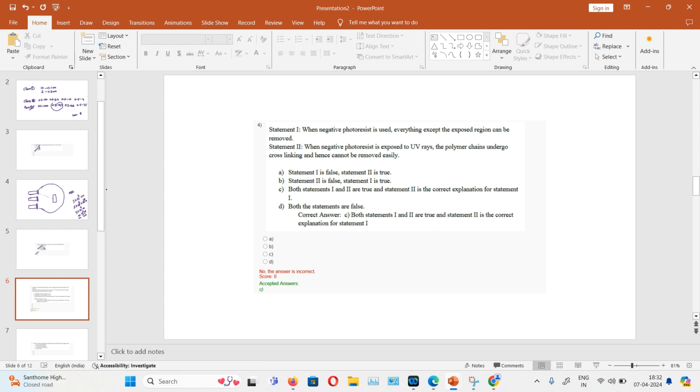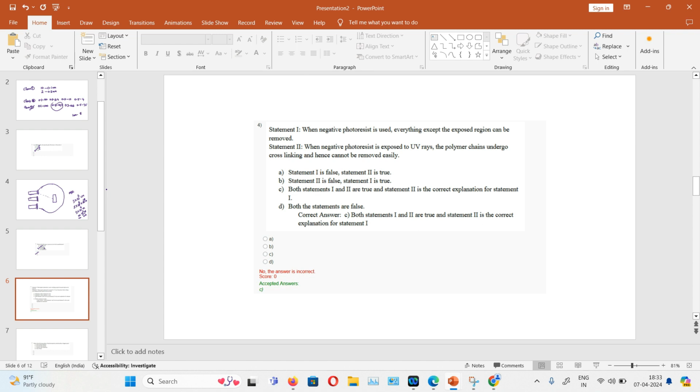Statement two: when a negative photoresist is exposed to UV rays, polymer chains undergo cross-linking and hence cannot be removed easily.